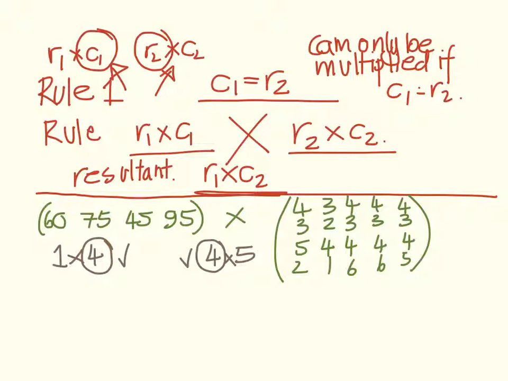Rule 2 says that when we multiply these two matrices, our resultant matrix will be of the order row number of 1, which is 1, and the column number of the second matrix. So we will end up with a 1 by 5 matrix.